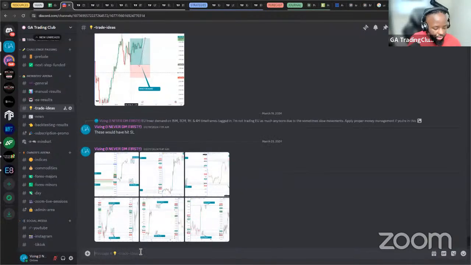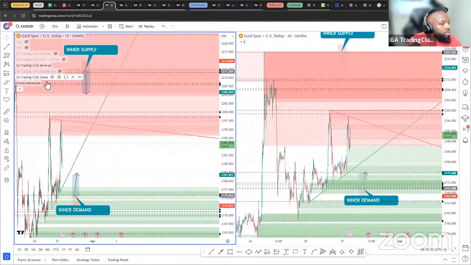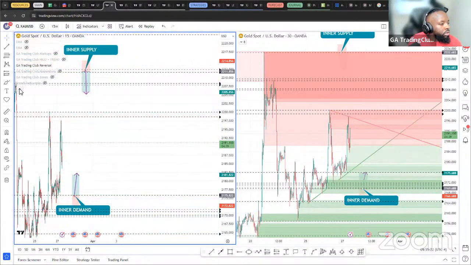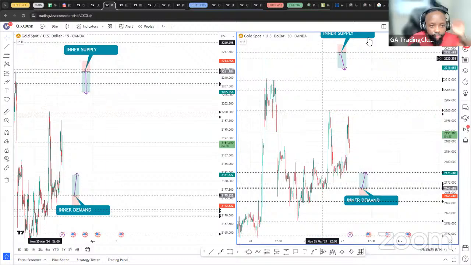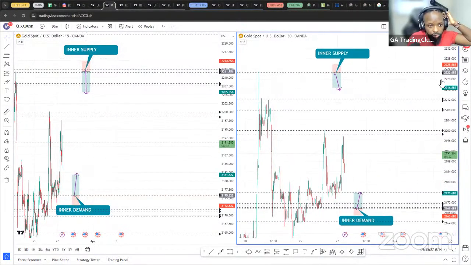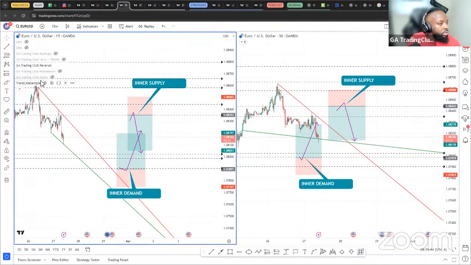Trade ideas. Go for gold. I'm gonna go for EU.